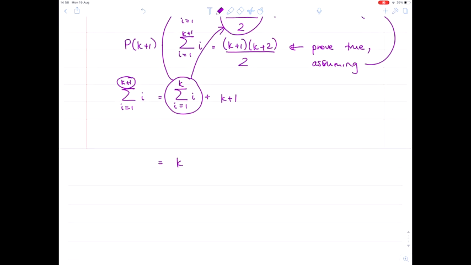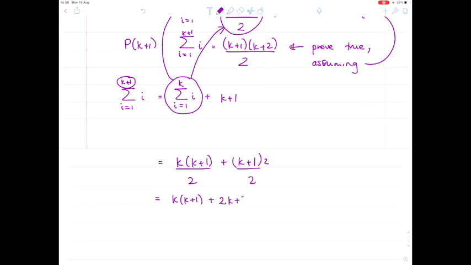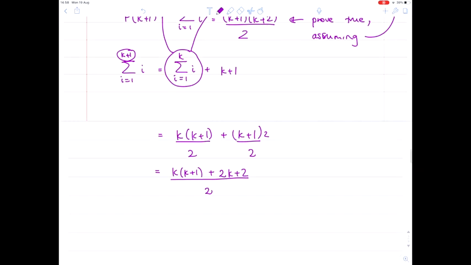So we've got k times (k plus 1) all over 2 plus k plus 1. So we're almost there. The next thing we need is to just put everything over a common denominator. So we've got k times (k plus 1), and I'm going to multiply this top and bottom by 2. So I've got plus 2k plus 2, and this is all over 2.